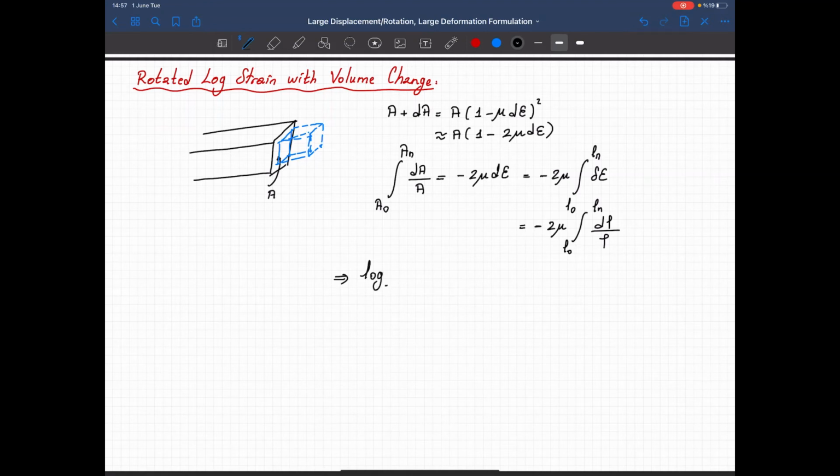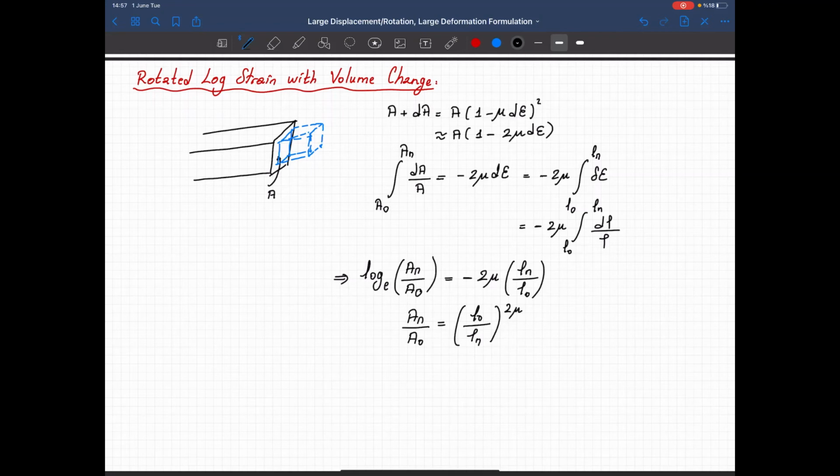So if we evaluate these integrals, this is what I will have. Log of An over A0 will be equal to minus 2 times mu log of Ln over L0. Okay, and this will give me An over A0 as equal to (L0 over Ln) to the power 2 times mu.